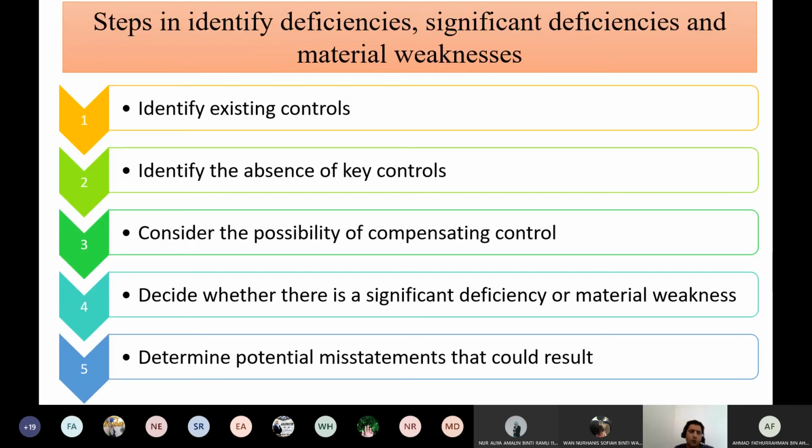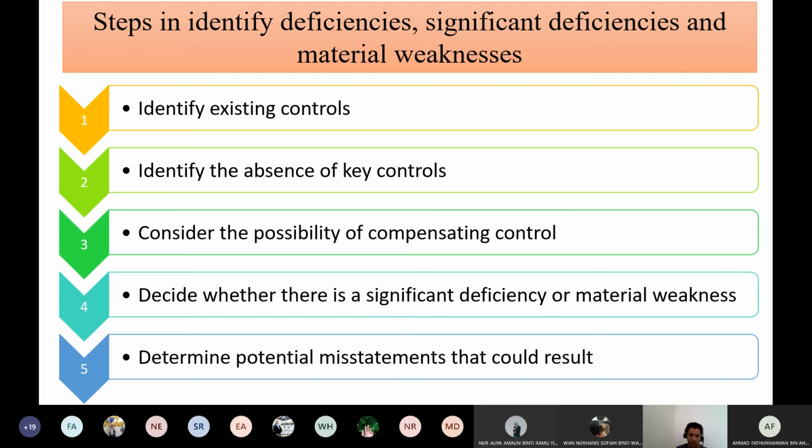Okay, so let's move to steps in identifying deficiencies, significant deficiencies, and material weaknesses. First, we need to identify existing controls. Number two, identify the absence of key controls, if there is absence. Number three is to consider the possibility of compensating controls.